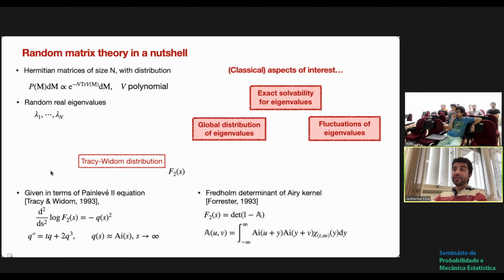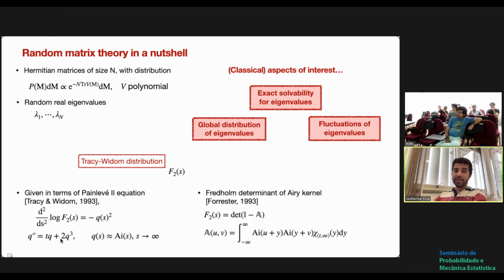What they found is that in the Gaussian model, the one where the entries are Gaussian random variables, this F2 is completely characterized in terms of a certain differential equation. If you take the second log derivative of this F2, this is minus a perfect square, where this term Q is a specific solution of the second Painlevé differential equation.